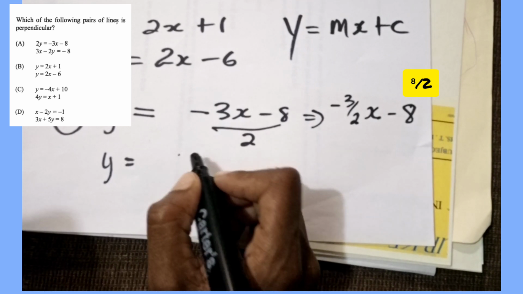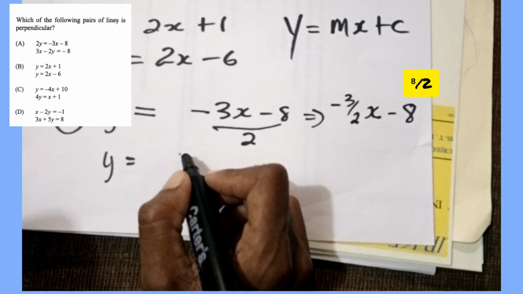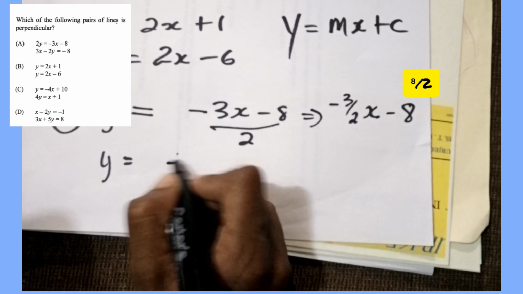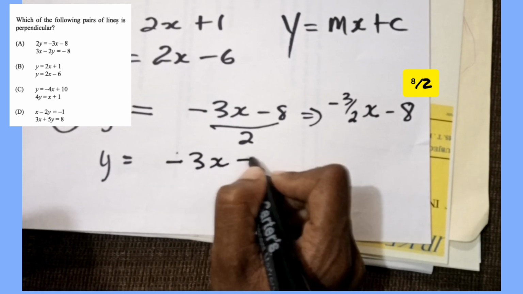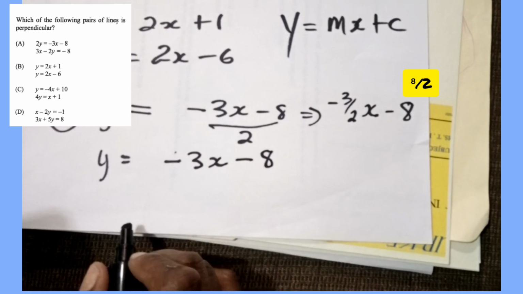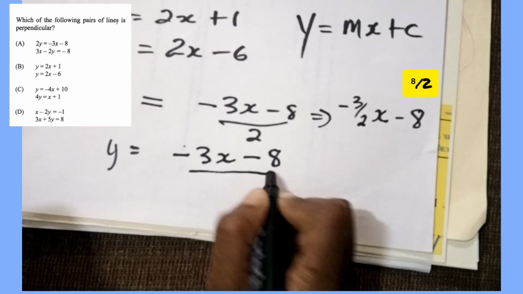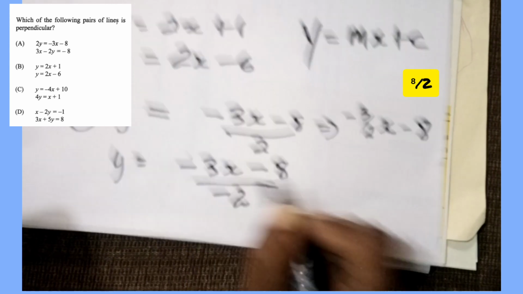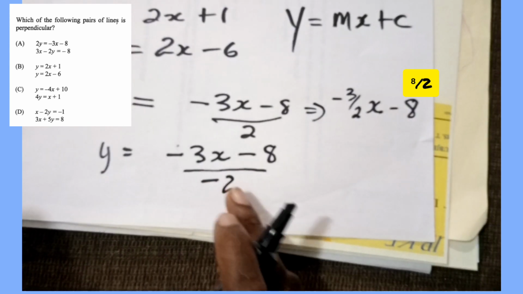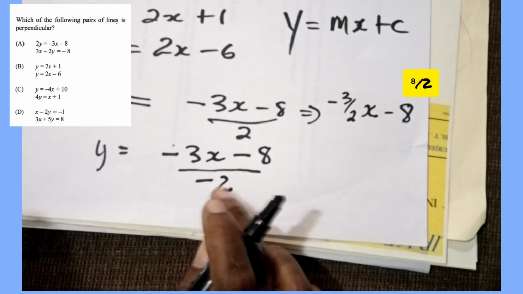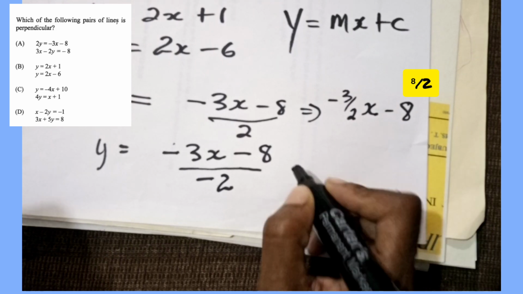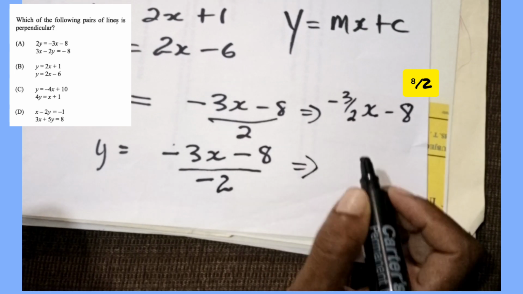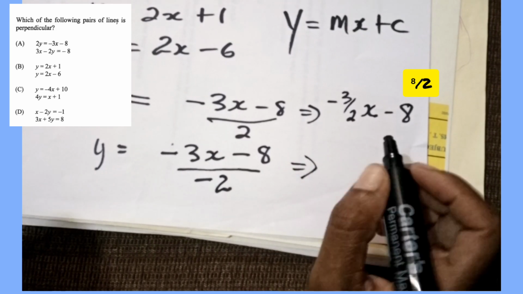If you're still having troubles with algebraic equations, you can check out some of my videos on that. So we take over the 3x, it becomes negative 3x. And negative 8 was already on that side of the equation. And the negative 2 that is being multiplied by the y becomes division on the other side.